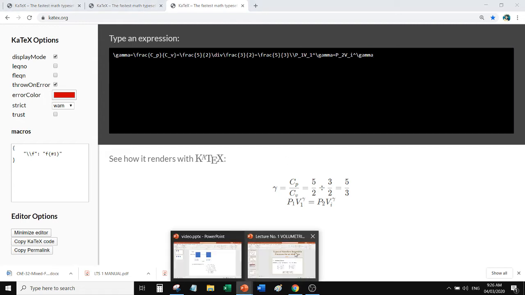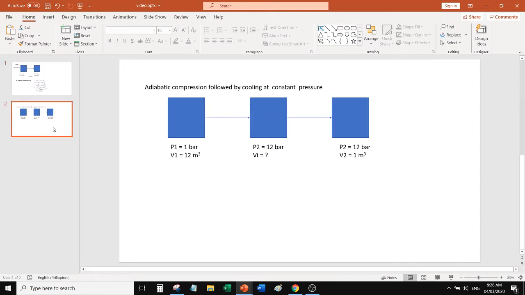Okay? So again, why is it Vi? It's Vi because there's an intermediate volume before step 2. Okay, but we know that P2 here in the intermediate step, so this is the intermediate step because there are 2 steps, right? Compression, then cooling. So we know that P2 is already equal to the final pressure since the second step stated that step 2 is at constant pressure.